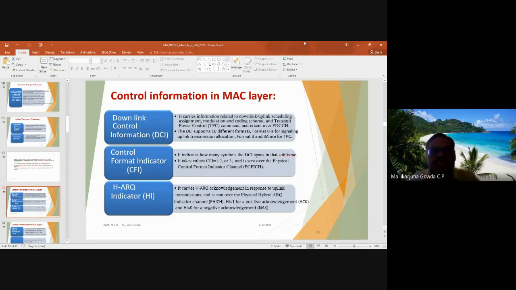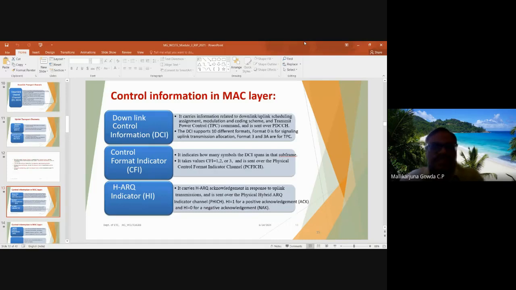And all these things will be sent over the PDCCH, that is the physical downlink control channel. So this DCI carries information related to downlink or uplink scheduling assignment, modulation and coding scheme, and transmit power control command.